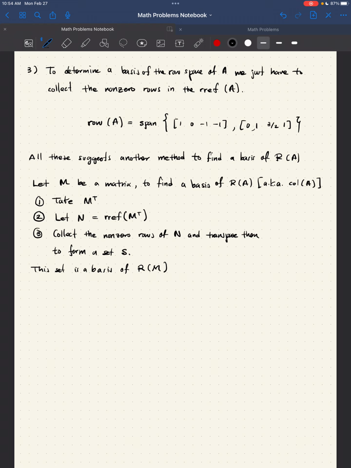But how do we transform rows into columns? By taking transposes. It's just that we have to recover that information at some point.